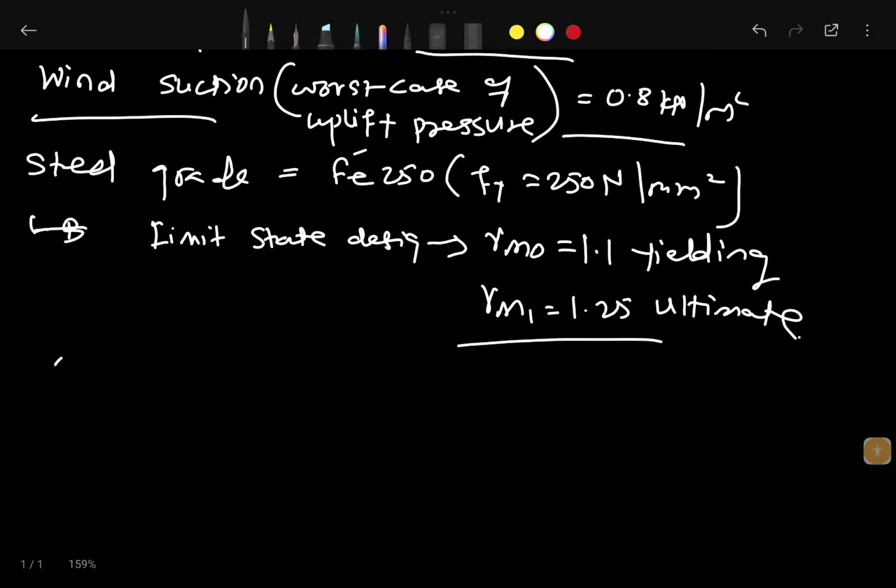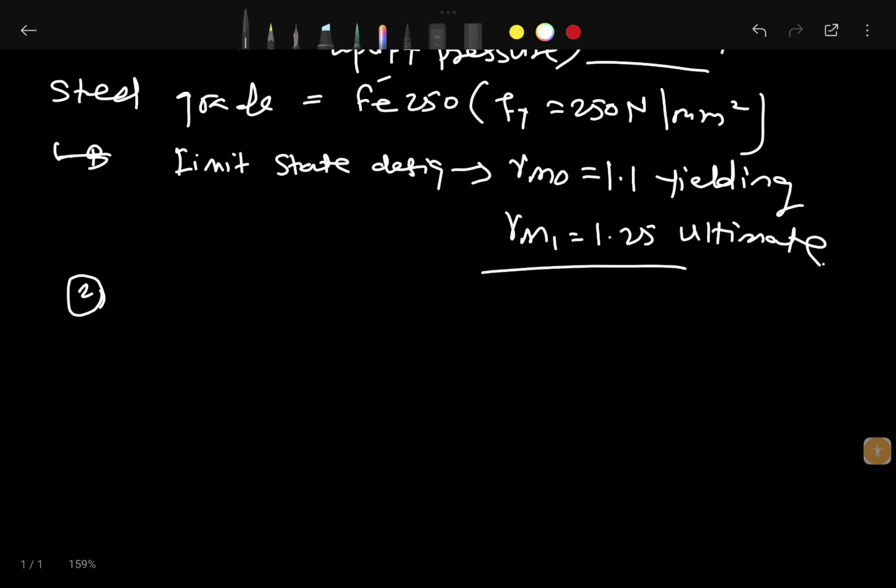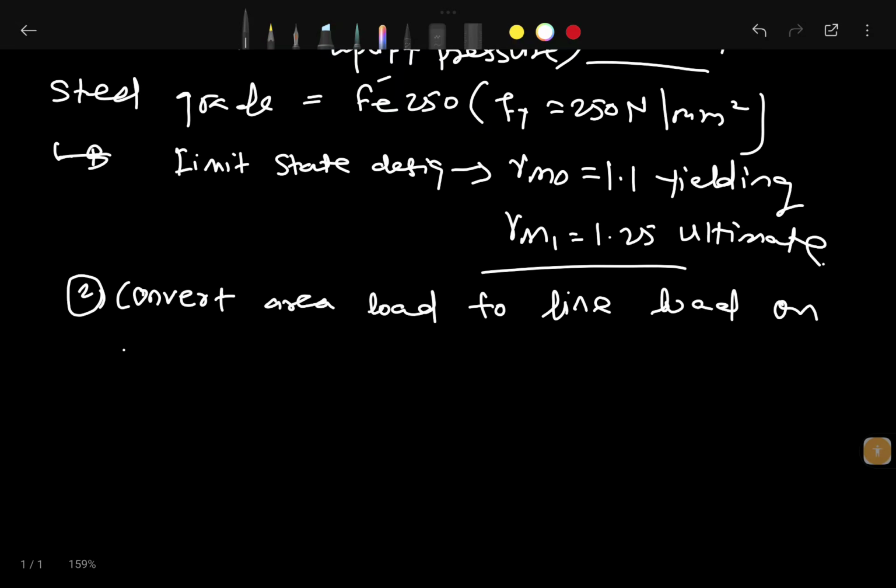Now, second part, we convert area load to line load on each purlin. It means whatever area load we consider, we convert that area load into line load.